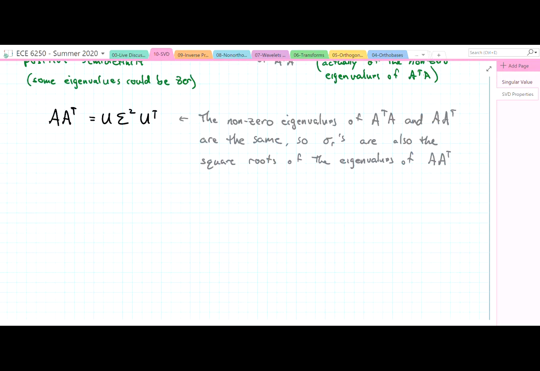Okay, so let's look a little bit more into detail here. As we've discussed, this works for non-square matrices.